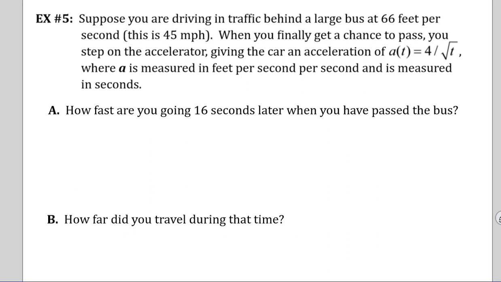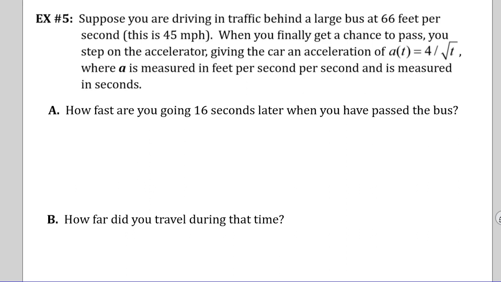When you finally get a chance to pass, you step on the accelerator, giving the car an acceleration of a of t equals 4 over the square root of t, where a is measured in feet per second squared, and I believe time is measured in seconds.